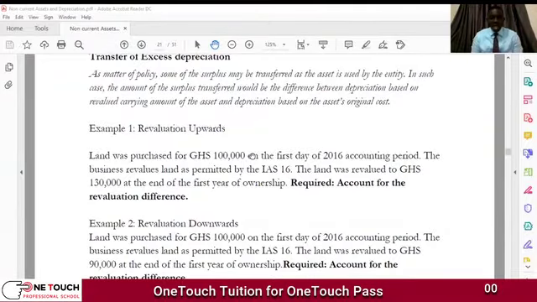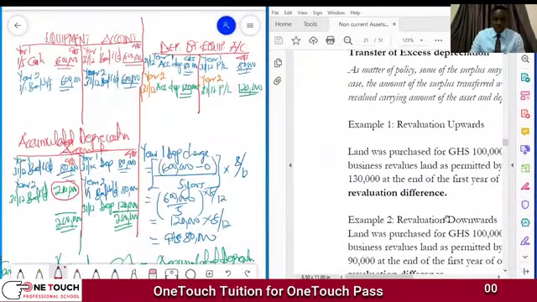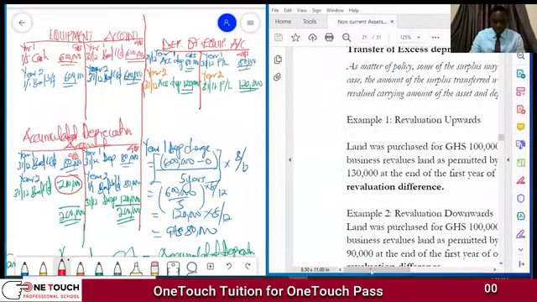How do we account for it? So example one.